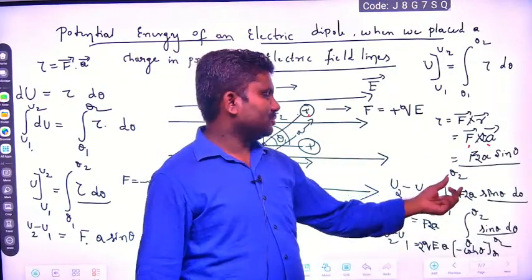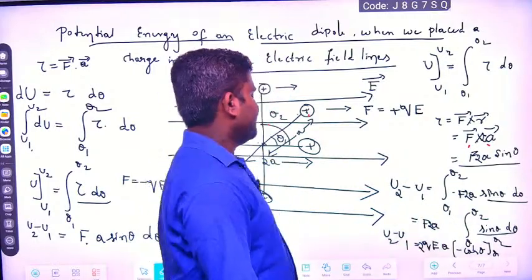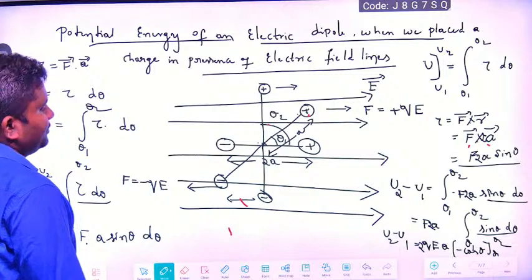Now F is equal to Q into E, so we get 2QEA. Understood?